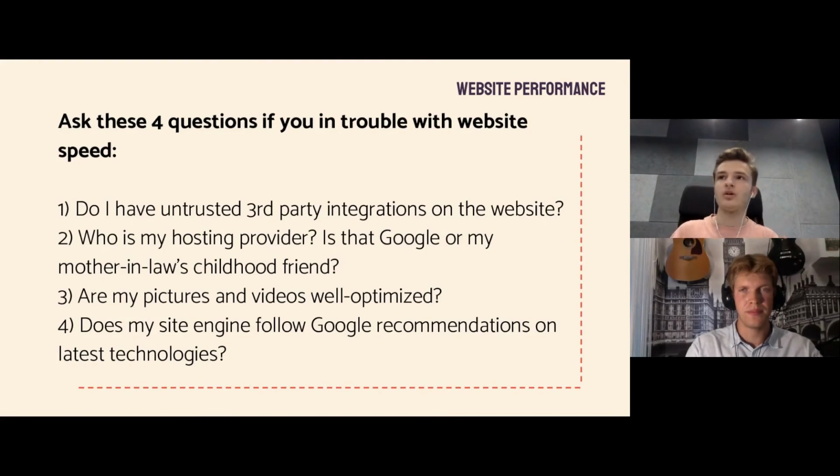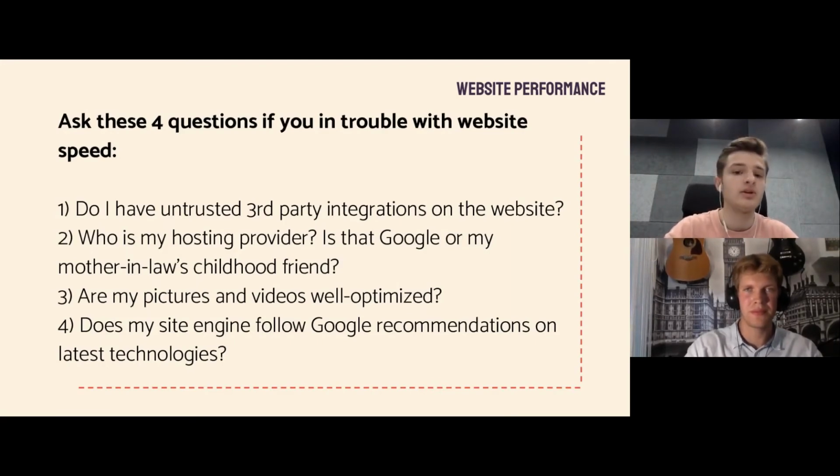And once again, if the site engine was built 15 years ago, and you built your website five years ago on this engine, probably the site engine is not aligned with Google's recommendations, and the website speed is not reaching the highest bars. So ask this question before taking any actions with your website.